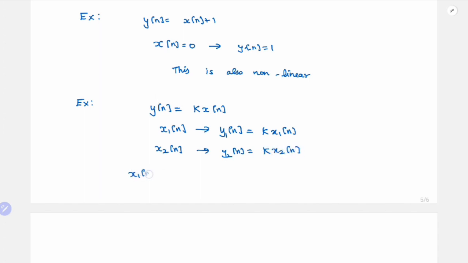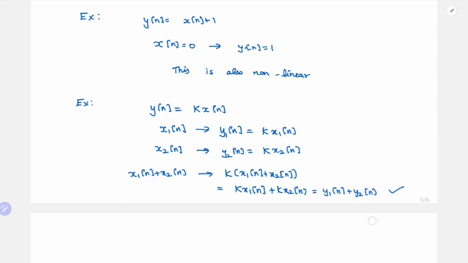So my x1 of n plus x2 of n is going to give me k into x1 of n plus x2 of n. And this we can write as k x1 of n plus k x2 of n. And this is nothing but y1 of n plus y2 of n. So additivity property is okay.